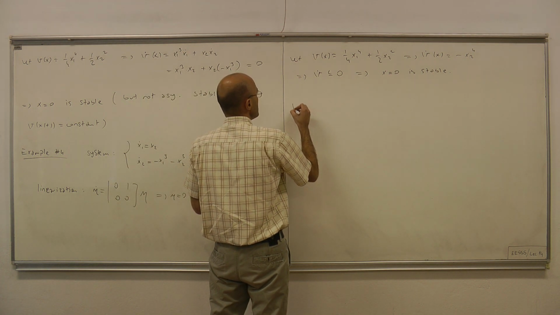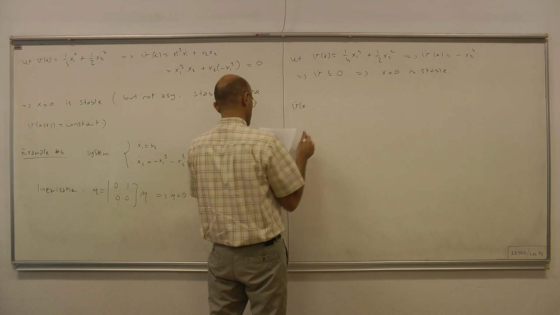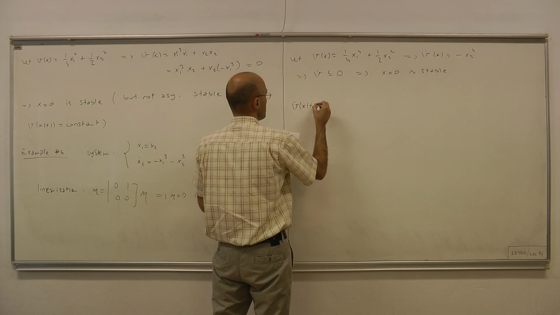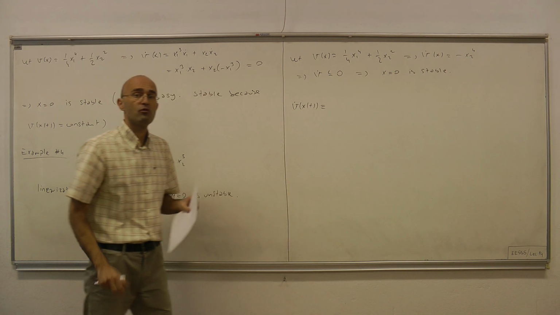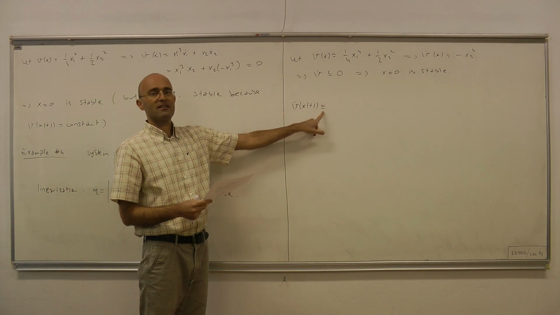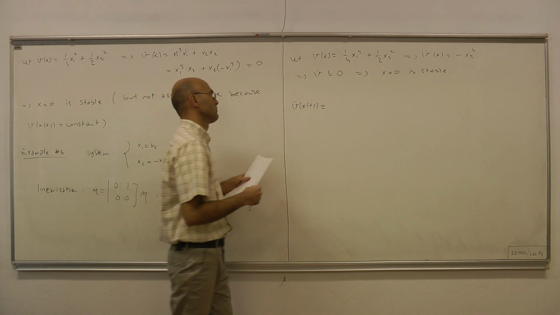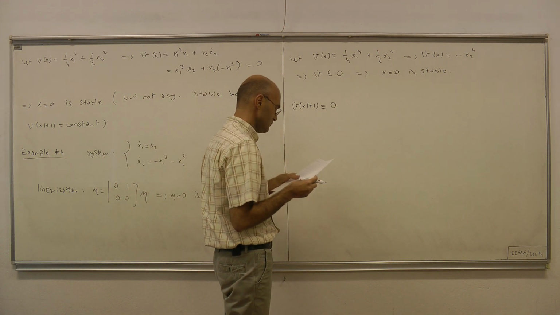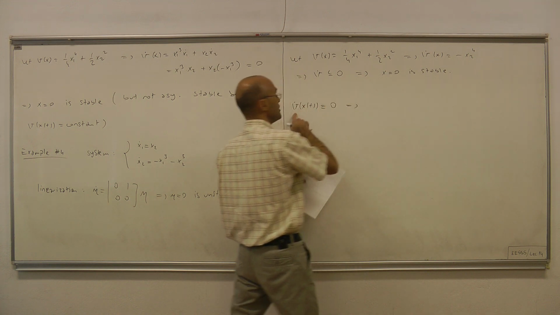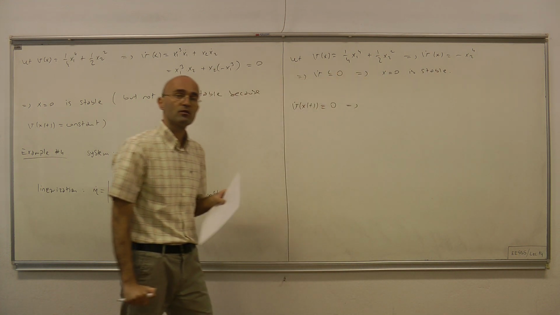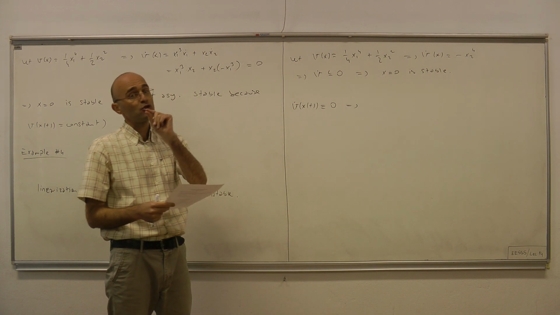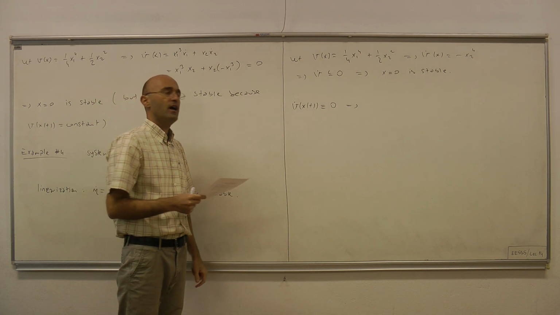To apply LaSalle's invariance principle, we're trying to figure out some special solutions x of t for which V dot is identically zero, that is, zero for all times. So by definition of V dot, whatever the solution is, its x2 component must be zero at all times.